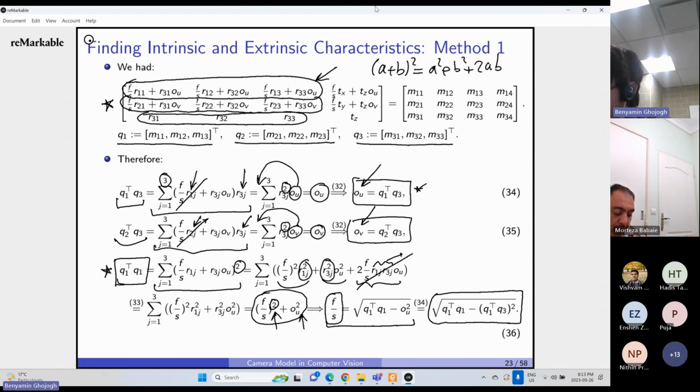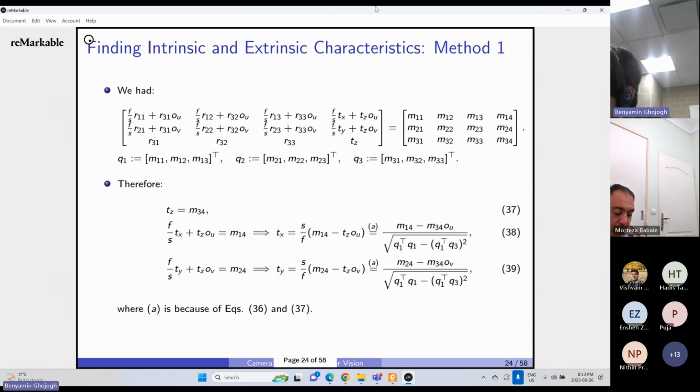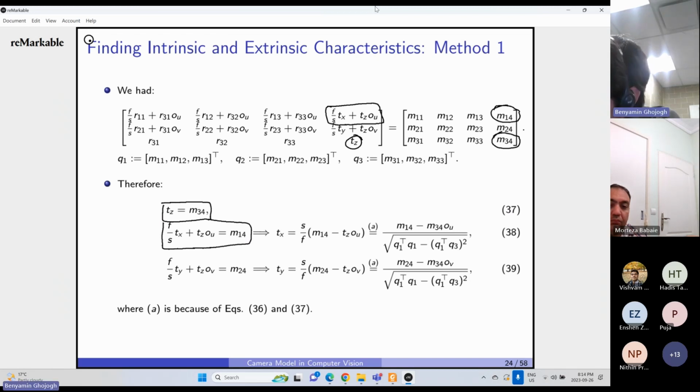Now let's find the extrinsic characteristics. How? Consider, so here, we know that, just give me a second to think. Yes, Tz equals m34. m34 is known, so Tz is found. Now what about this one, m14? So this one equals m14, right? Rearrange the terms, you will get this. Now we already found f over s in equation 36.